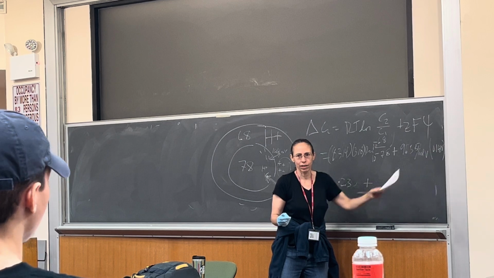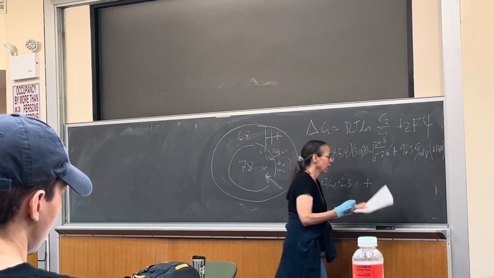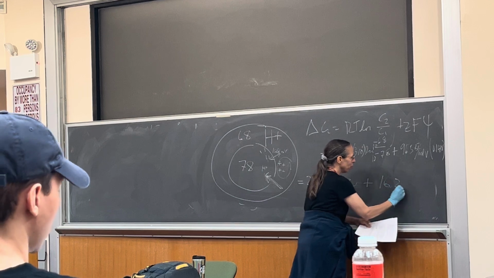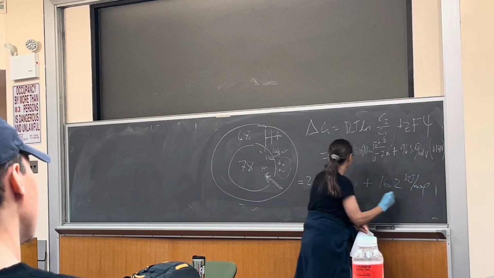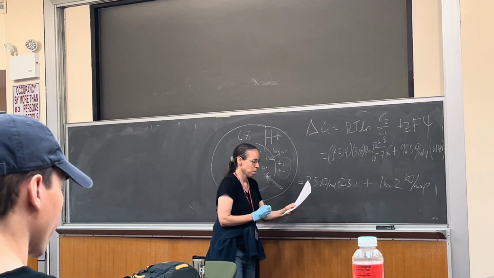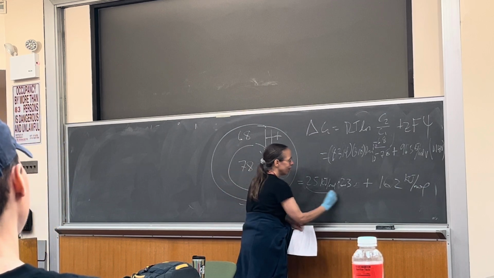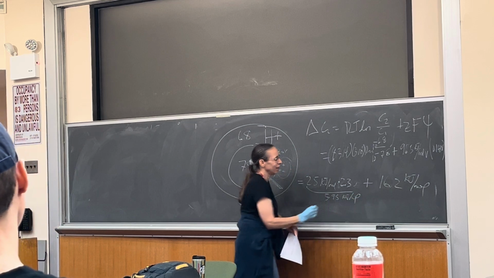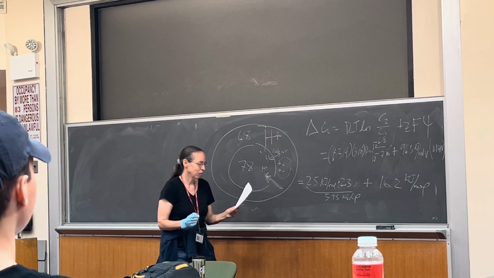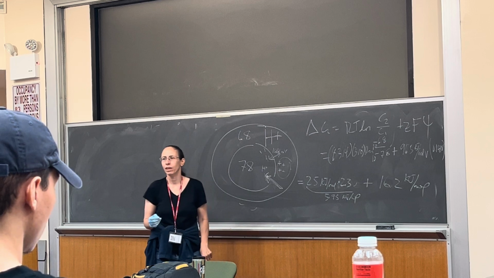Oh, I see. 0.168. And then this is 16.2 kilojoules per mole, and this is 5.93 kilojoules per mole, and altogether it's roughly 22 kilojoules per mole.